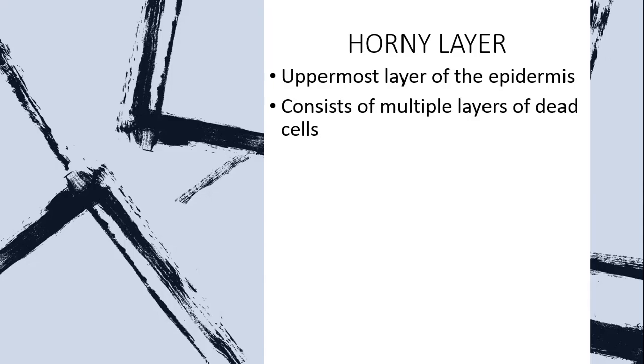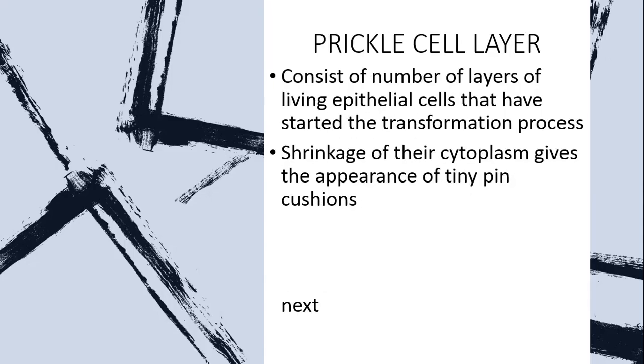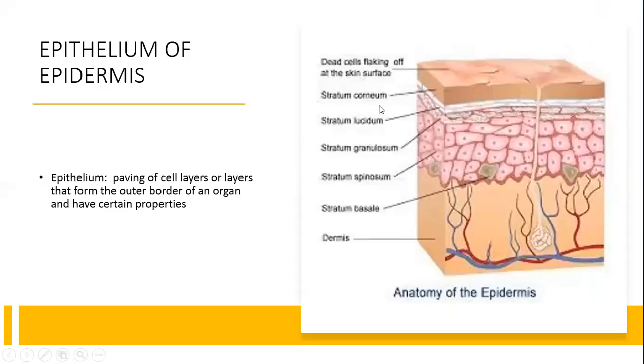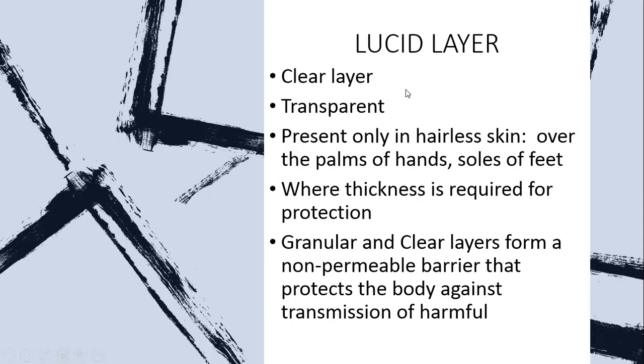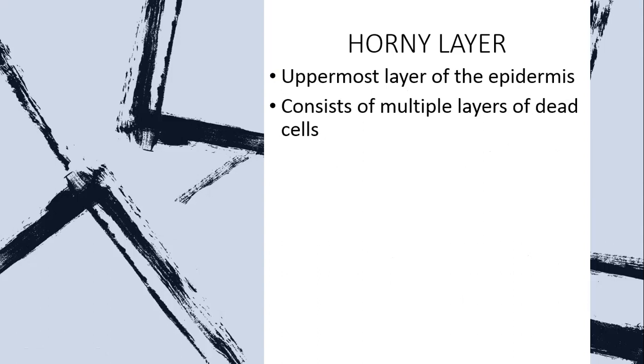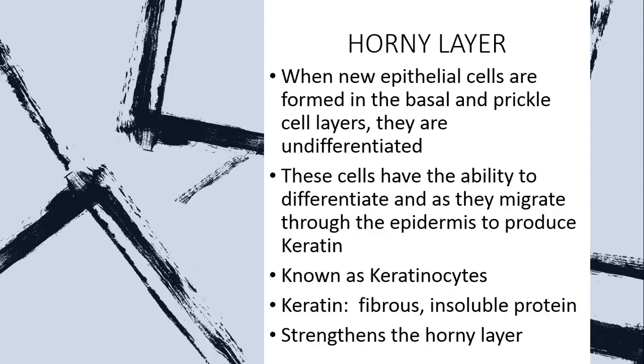If we look at the horny layer, or the stratum corneum, the most top part, it is also called the horny layer because it's very dry. It consists of multiple layers of dead cells, and that is the uppermost layer of the epidermis. When new epithelial cells are formed in the basal and prickle cell layers, they are undifferentiated.